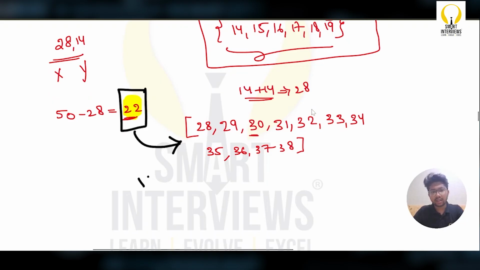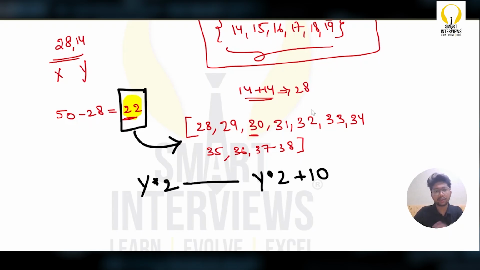Can I say y into 2? 14 into 2 is 28. It's from 28 till how much? Can I say y into 2 plus 10? Yes, both ends are inclusive. If it lies in this range, print yes, or else no. Is everyone clear? Let's convert this logic into code.